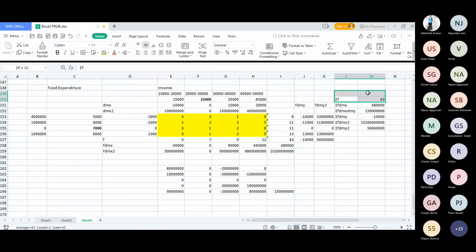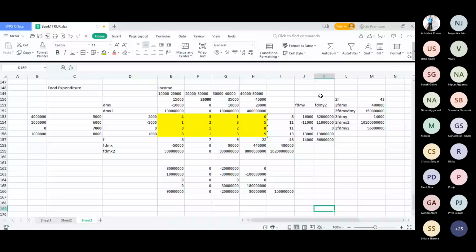So everything is ready now. From the data we have calculated all these values. Now we have to use these values in the formula to calculate the Karl-Pearson's coefficient of correlation. First is the numerator. We calculate numerator and denominator separately.